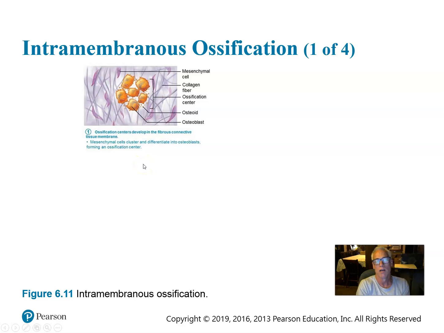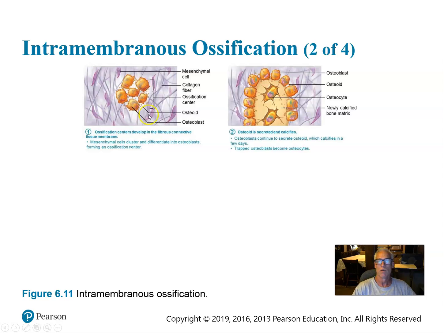If we could see the entire structure of this forming bone, we'd see lots of these little groups of osteoblasts forming and beginning to produce bone tissue. Those osteoblasts continue secreting osteoid, or the extracellular matrix of bone, the ground substance, the hydroxyapatite and the collagen fibers.